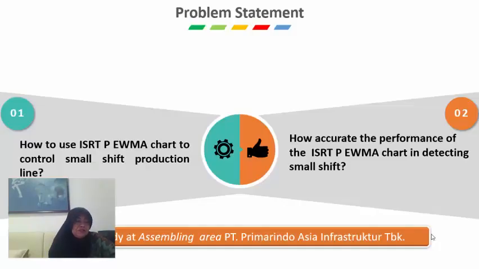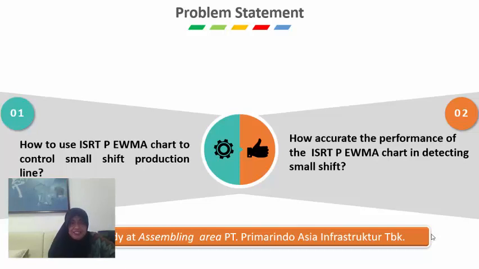Considering the previous background, the statements of the problem are how to use the proposed chart to control a small shift in the production line, and how accurate the performance of the proposed chart is in detecting small shifts.